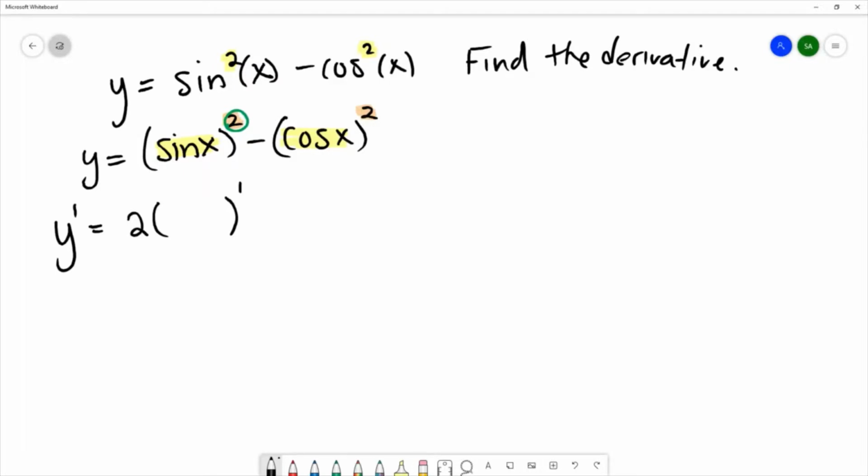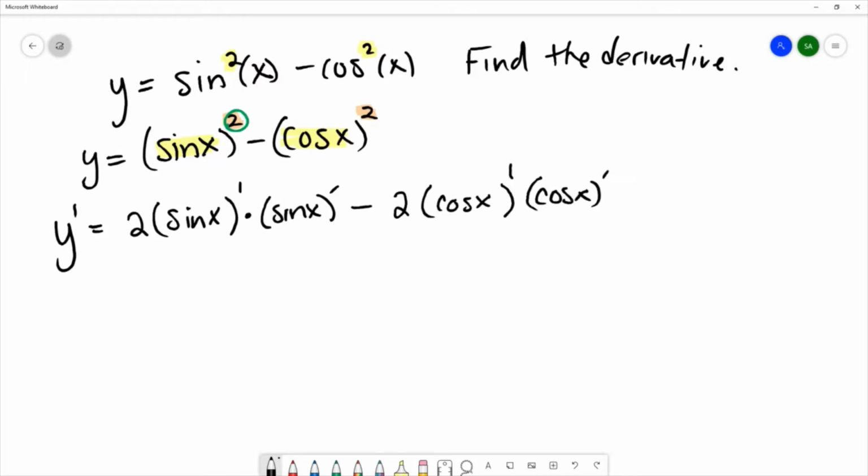And then the chain rule says that I need to leave the inside the same and chain it by multiplying by the derivative of the inside. I'm going to do the same thing on the second expression here. I've got the power being the outside function. I'll bring the power down, take one away from the power, leave the inside alone, and chain it by multiplying by the derivative of the inside.